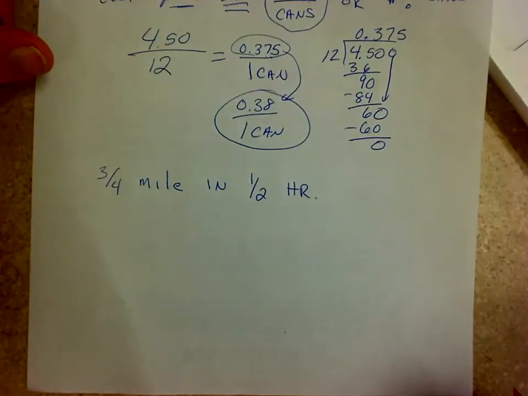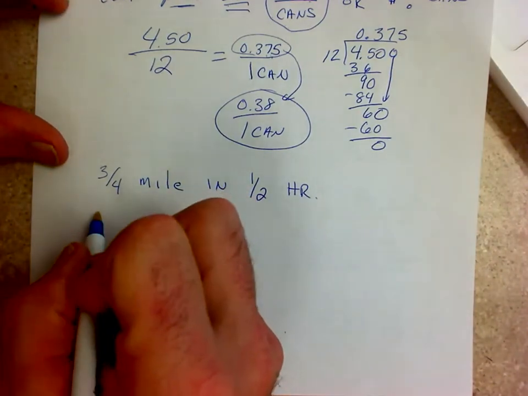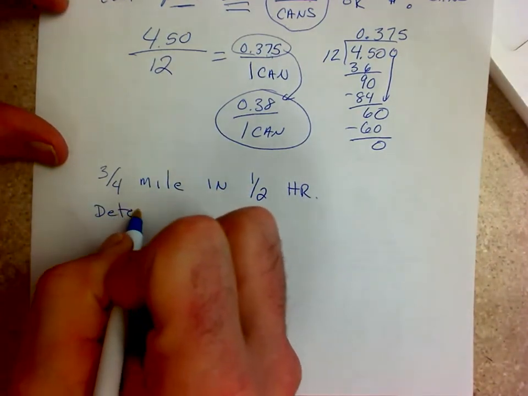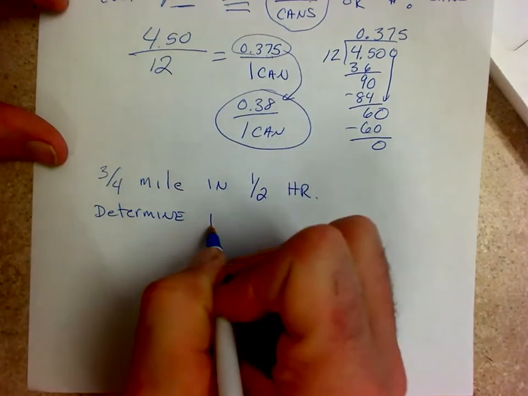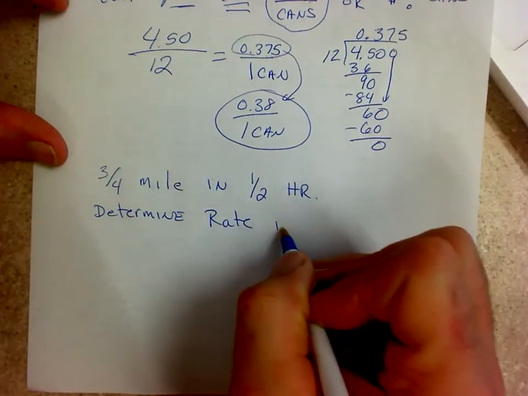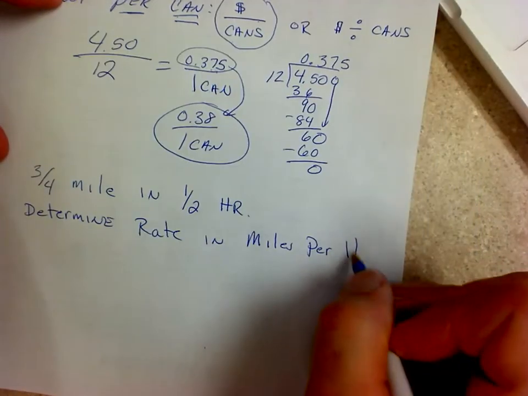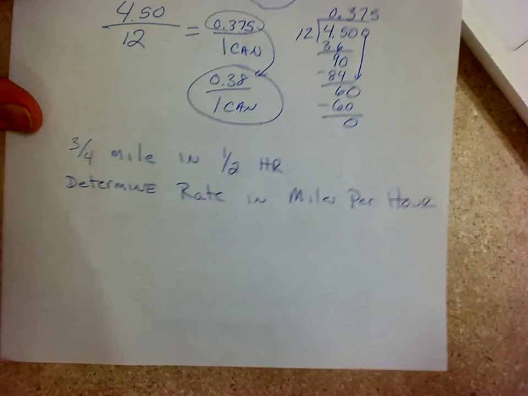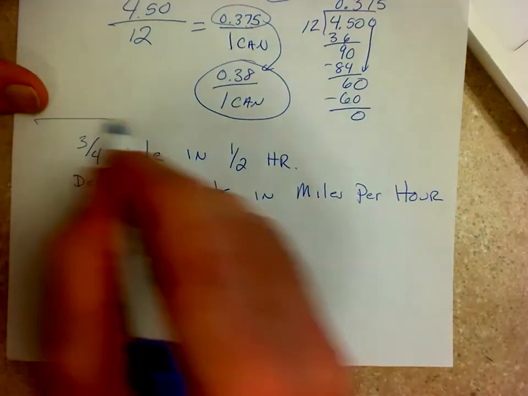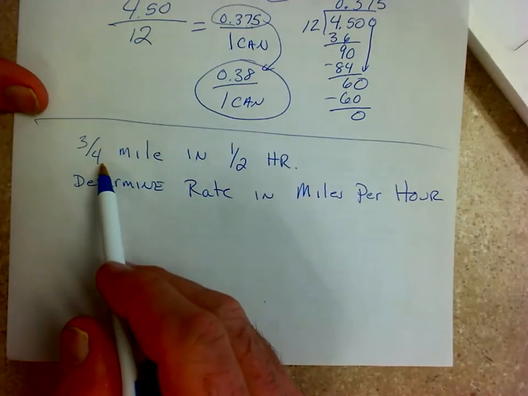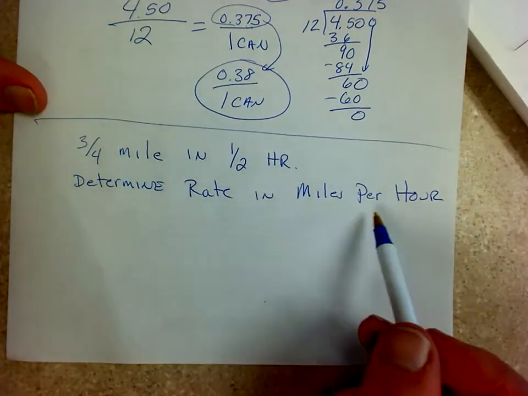You can walk 3/4 of a mile in half an hour. Determine the rate in miles per hour.